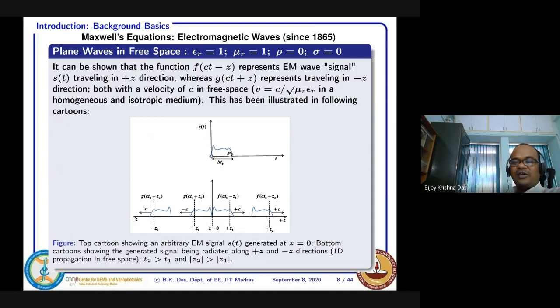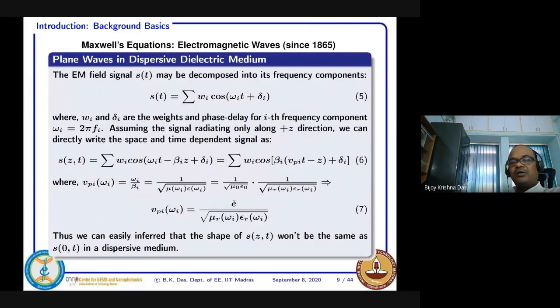So all the harmonics will have a function written something like sine of omega t minus beta z, right? That type of function you have to express. Now, this is what I said, and it is explained here: plane waves in a dispersive dielectric medium.